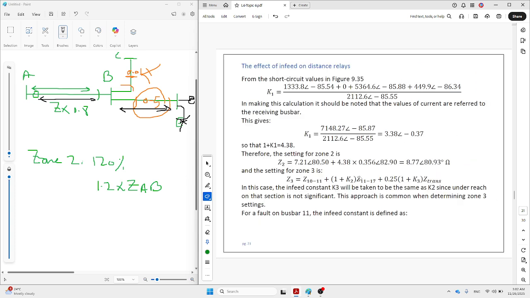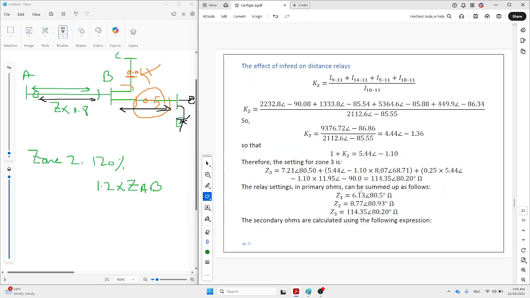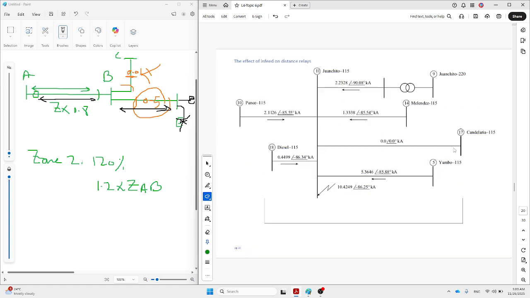Since this example, and you can use it in your project, even in lab 2, K2 and K3 can be considered as the same constant value. Okay, so just find out the K2. How we should find out the K2 is very easy. So assume a fault is at this point, which is the transformer is here, correct?